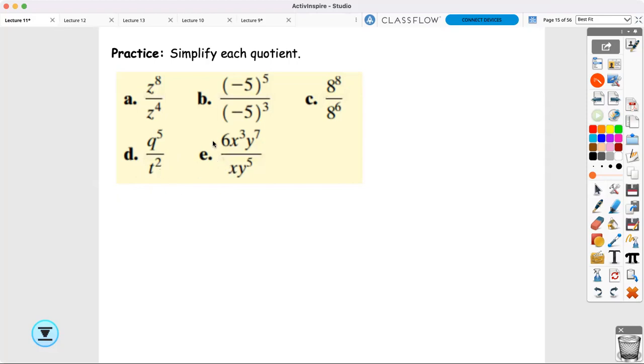Now for E, last but not least, everyone, go ahead and input your last answer. Excellent. 6x squared y squared. That is correct.